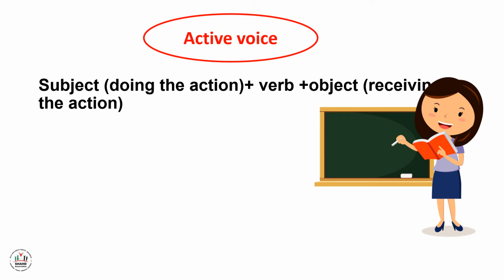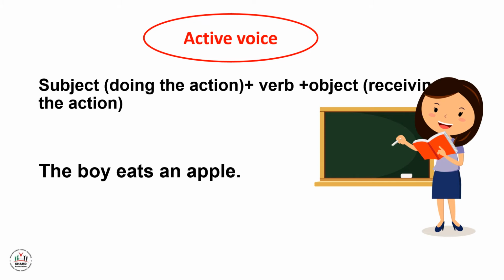So the active voice sentence starts with the subject doing the action, followed by the verb, then the object receiving the action. For example, the boy eats an apple.